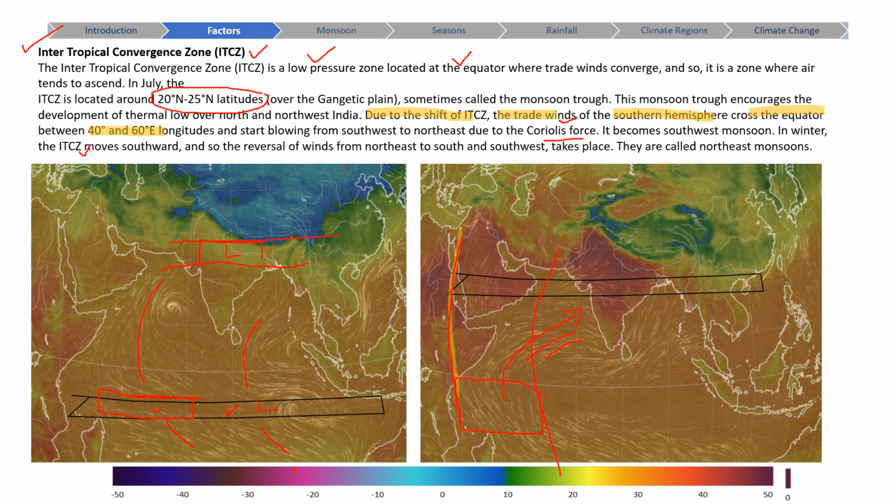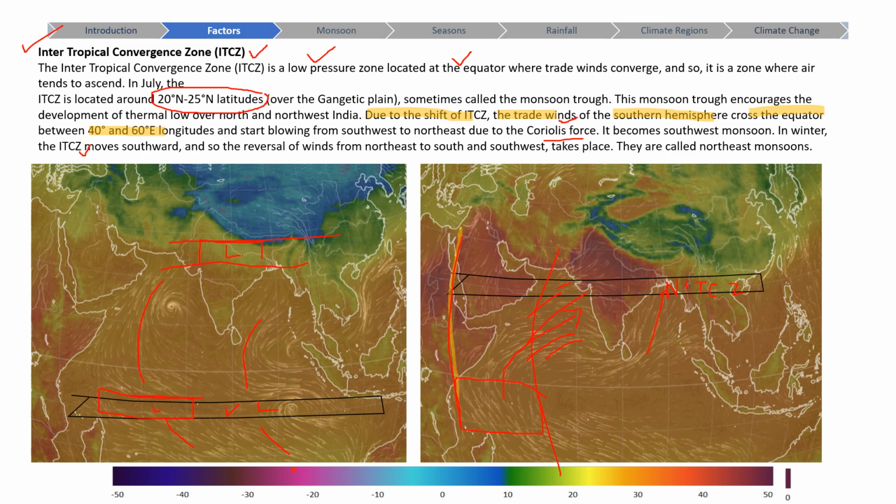This is during winter time, but during summer time the winds are rushing towards this low pressure, the northern ITCZ.